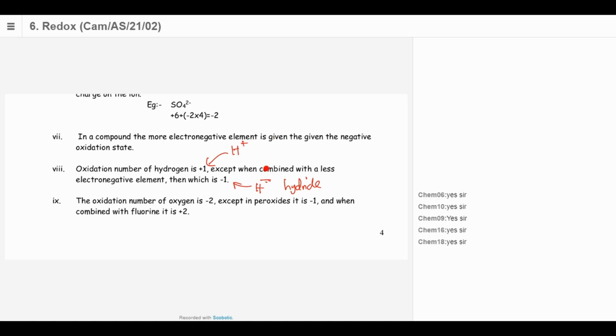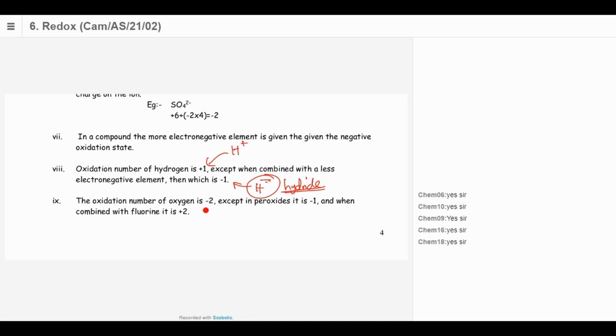So whenever hydrogen is combined with a less electronegative element than hydrogen itself, then hydrogen will be negative. In that case, it will be called the hydride ion, the -1 oxidation state.